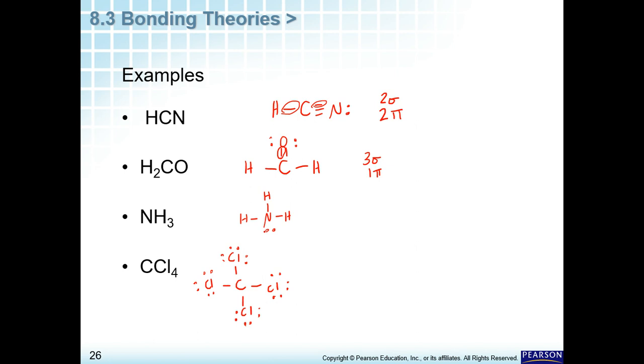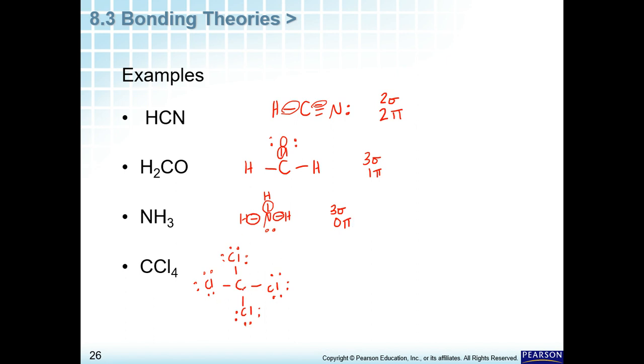Lone pairs are not a sigma or a pi bond because lone pairs are not bonding anything together. So here, I have 1, 2, 3 sigma bonds, or single bonds. And then I have no double or triple, so I have 0 pi bonds.